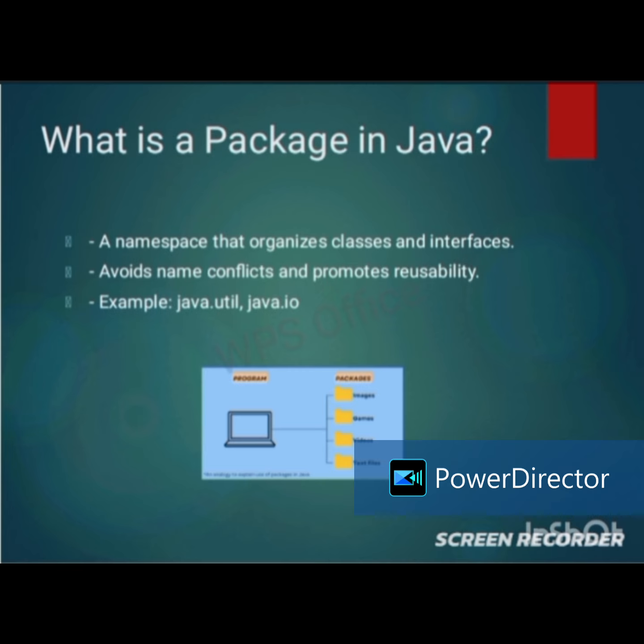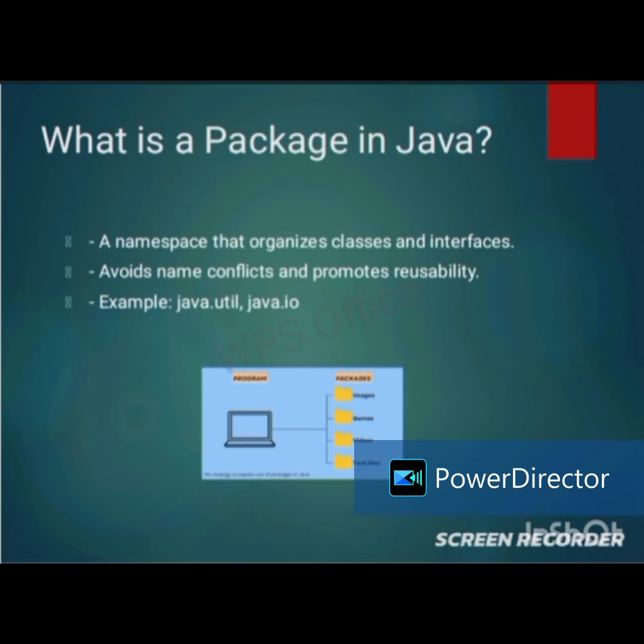Think of it like a folder system on your computer. Instead of dumping all your files into one directory, you organize them into folders, and that's exactly what packages do for your Java classes. For example, Java has packages like java.util, java.io, and java.lang.